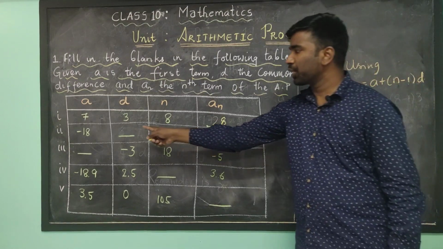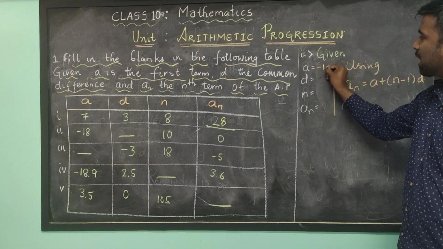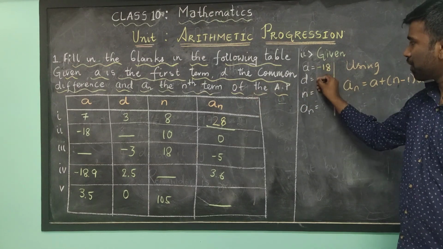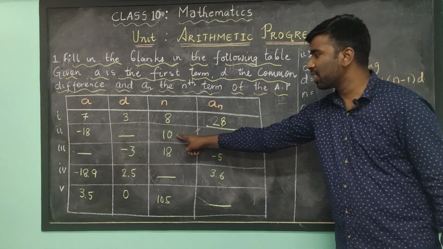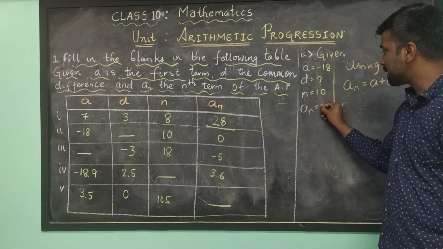Students, moving to the second question. Given a equals minus 18, d we should find out, n equals 10, and an is 0.